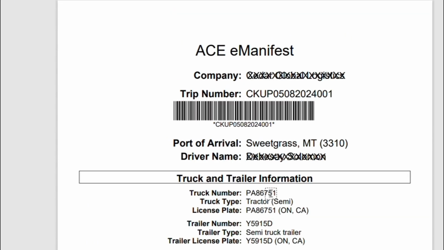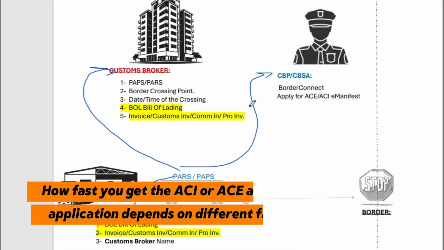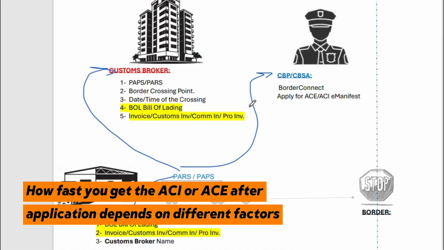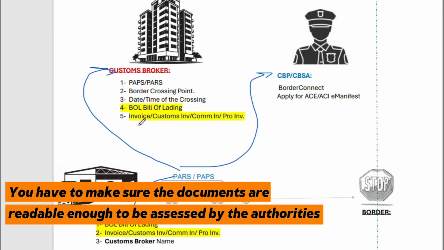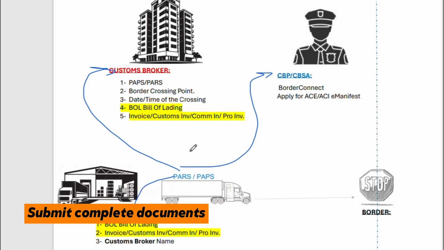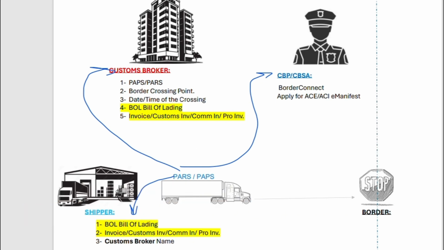So yes, we are ready to cross now. How fast we can get the ACI or ACE depends on many things. From our side, we have to make sure everything is clear, everything is readable, and it has all the documents. Then definitely the broker is going to work on it properly.